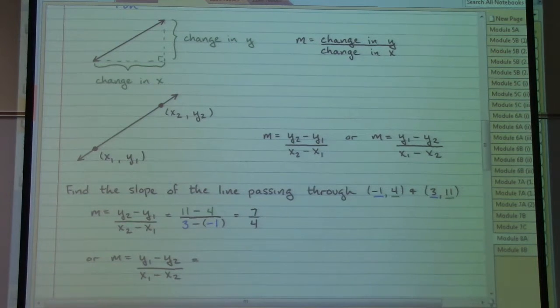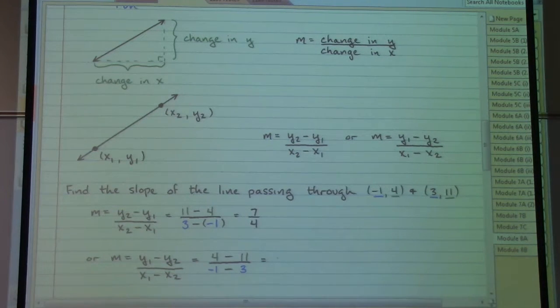Now to prove that we get the same answer from using the other version of our formula, again, that one is just a rearrangement in the order that we put those numbers. So up on top, while we're still using the y numbers from our pairs, they appear in a different order, meaning that the y from point number 1 comes first, the y from point number 2 comes second, the x from point number 1 comes first, the x from point number 2 comes second, and we put our fraction bar and our subtractions in there.